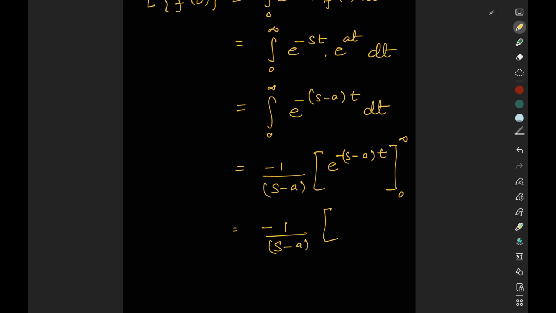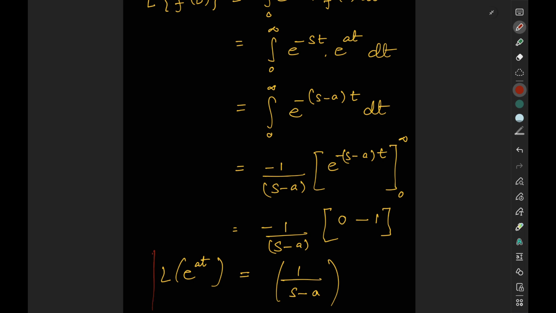On putting infinity, e to the power minus infinity will become 0 and e to the power 0 will become 1, and this becomes 1 upon s minus a, after the two minus signs cancel each other. So the Laplace of e to the power at is 1 upon s minus a.